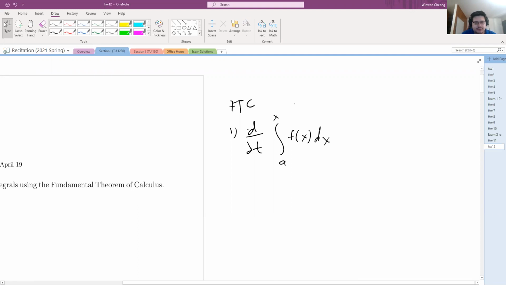Well, actually, usually we don't write it like this. We usually put the x outside, and the t is the variable inside. So let me fix that. Okay. And there is a slight reason for it.